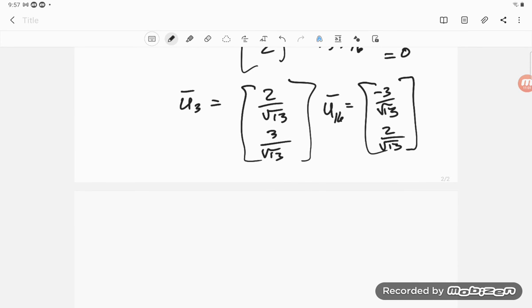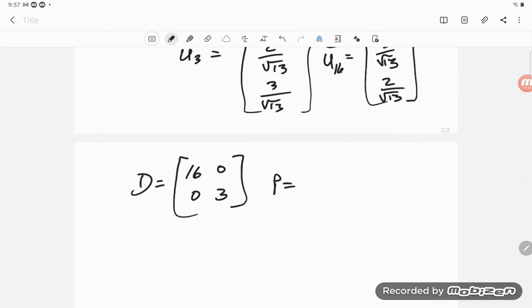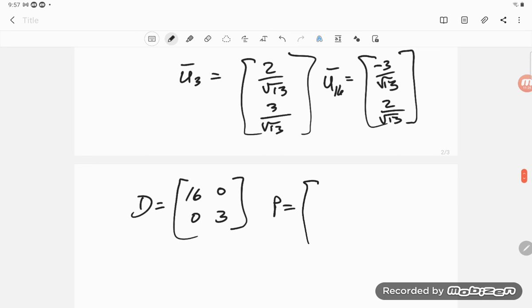And so I can set up my matrix. Now the only thing I have to be careful of is I need things in the right order. So in their case, they are writing D as the largest eigenvalue first. And so our P better have the corresponding eigenvector first.